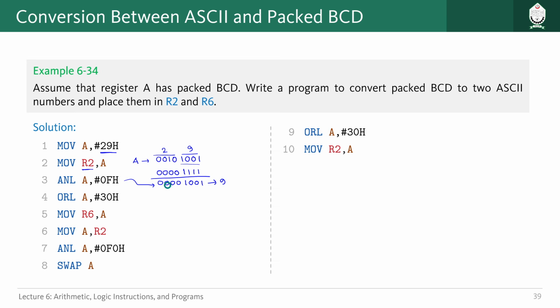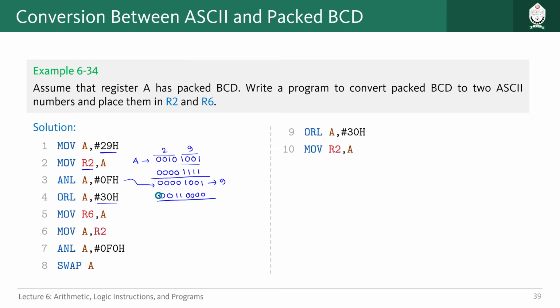Then with this unpacked form, we have to include 30H, or basically we are going to do ORL, logical OR operation. So this 30H, if I want to write that, it will be something like that: 0 0 1 1, then 0 0 0 0.